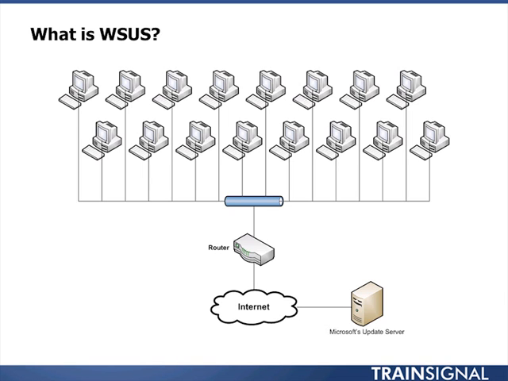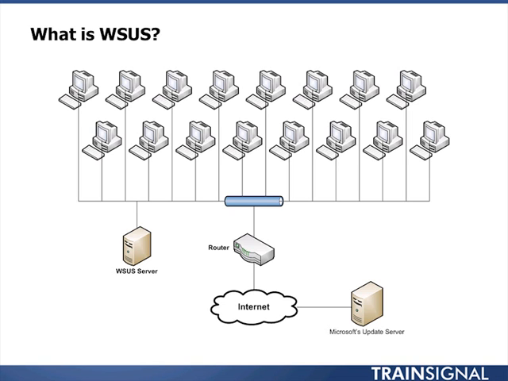Okay, so those are a couple of huge problems that we have. So taking those problems into consideration, we can do something as simple as implement a WSUS server. Okay, so if we take that WSUS server, what's basically going to happen here, it's sitting on the internal network. And when I say internal, it doesn't have to literally be internal.